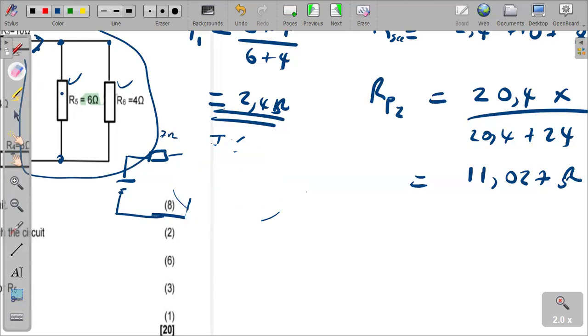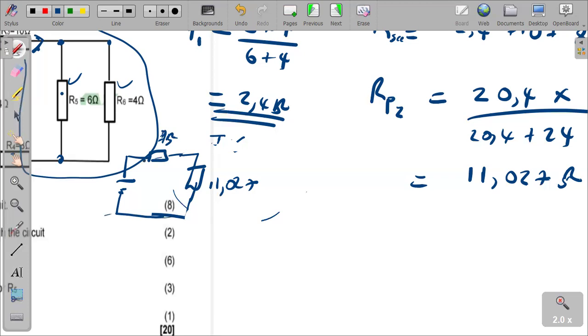Okay, so we have the 7 ohm and the 11.027 ohm that we have just calculated. That's the effective resistance of the parallel combination. So how are they connected with the 7 ohm? I think the minimization of the circuit can clearly show us now. They are in series because the two experience the same current.